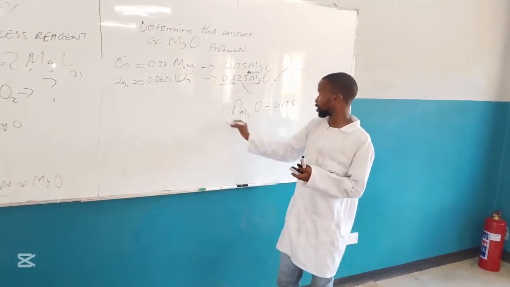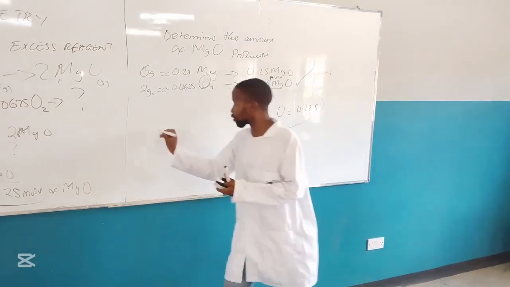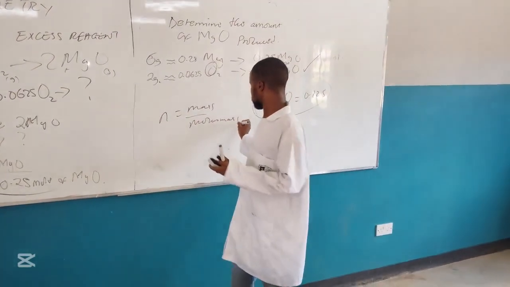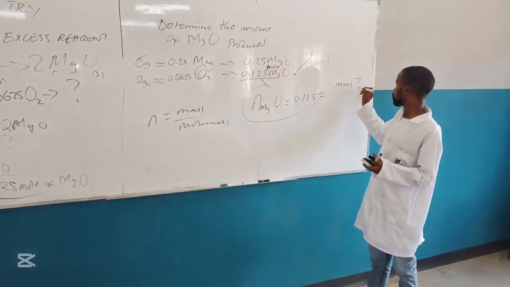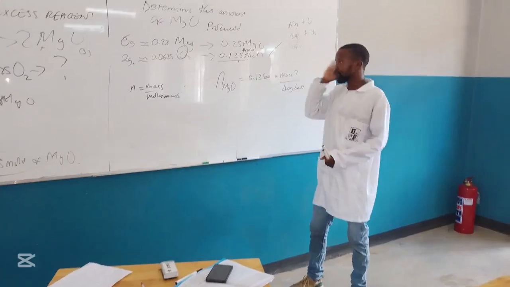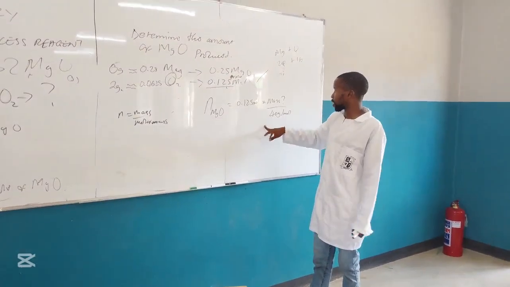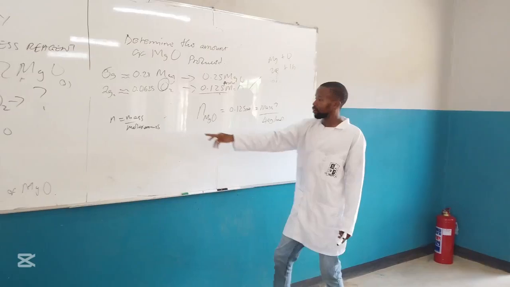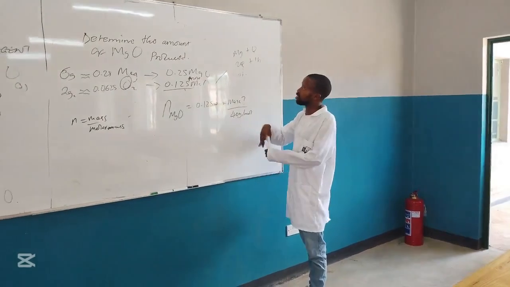We can still work out the mass, because we know that the number of moles is equal to mass over molar mass. The number of moles for magnesium oxide in this case is 0.125 moles. We don't know its mass, and for the molar mass, we simply add magnesium as well as oxygen. So 24 plus 16 is giving us 40.